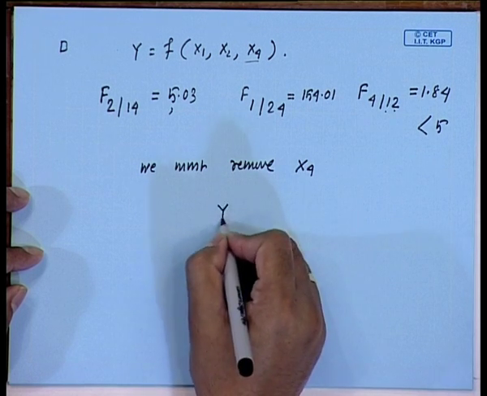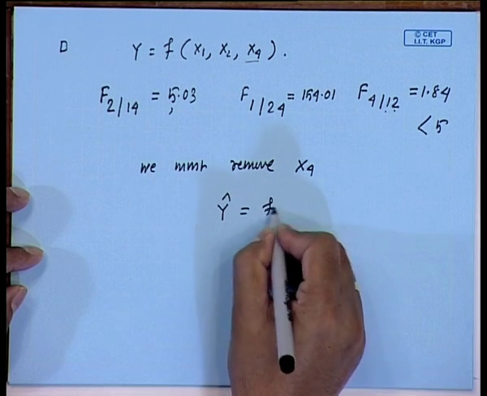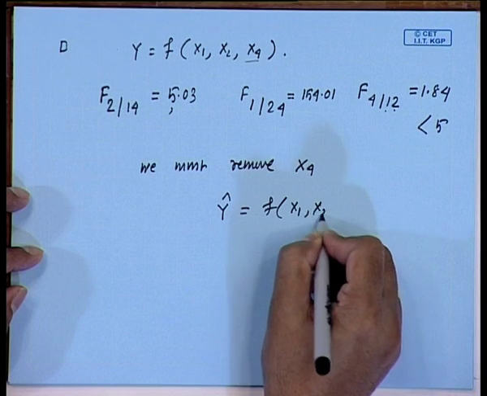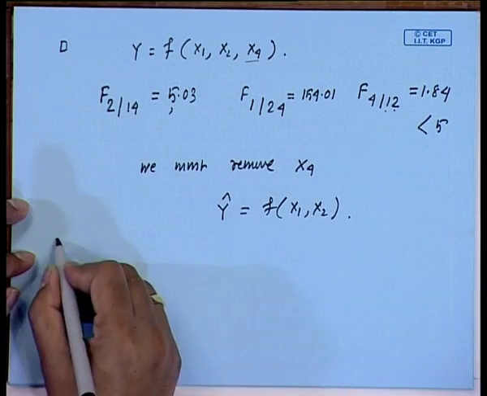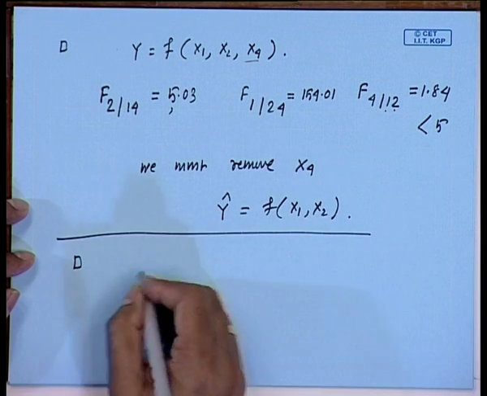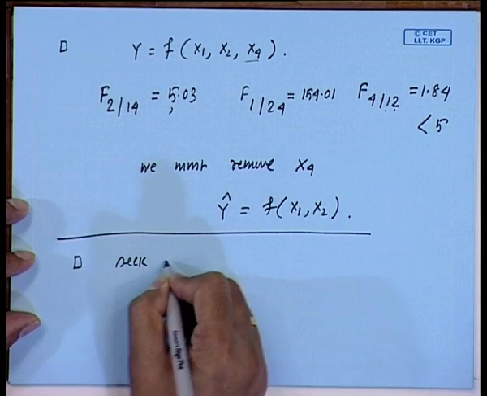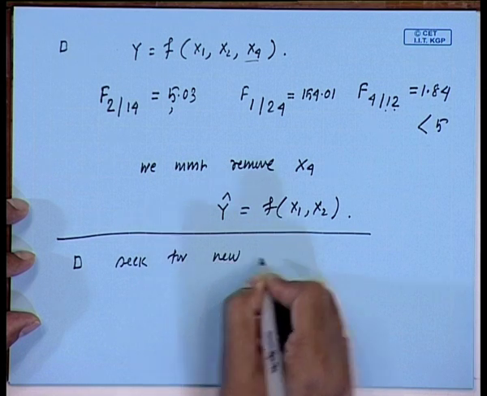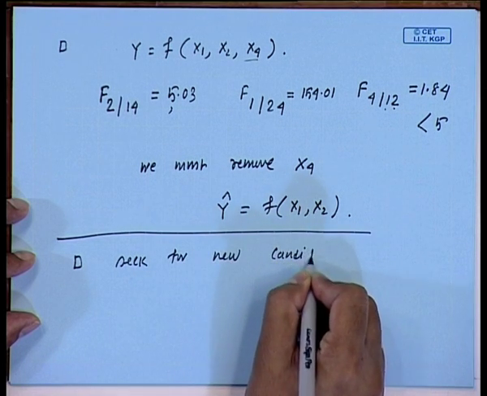So, the model is y equal to f in terms of x 1, x 2, and again we check whether any candidate can be included. We seek a new candidate. Okay.